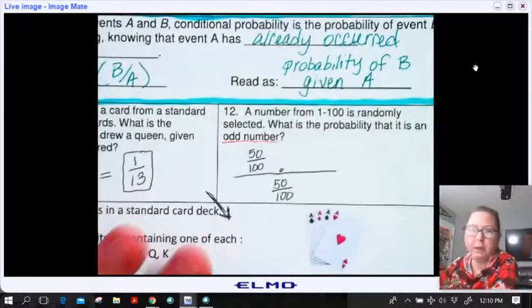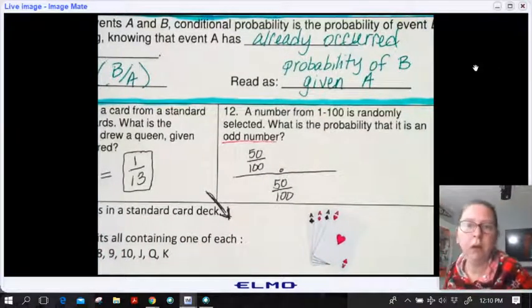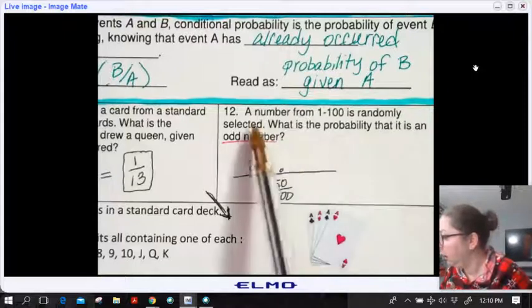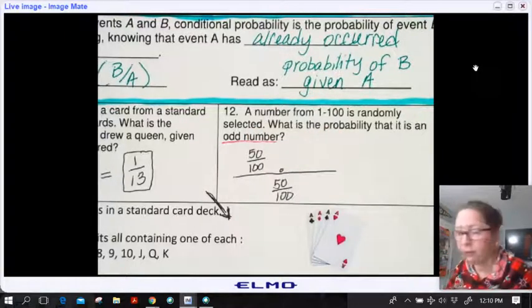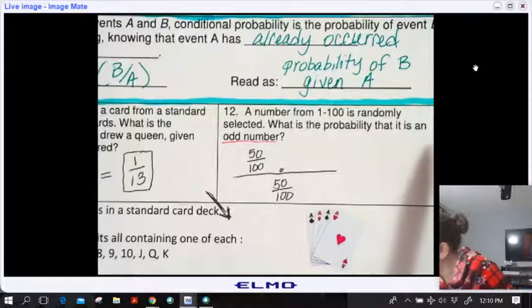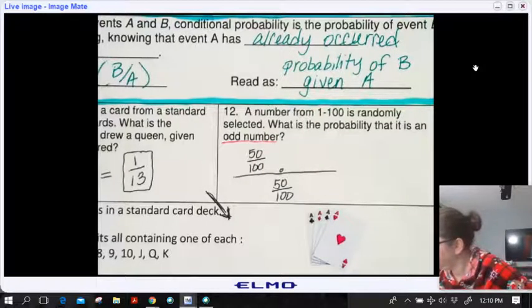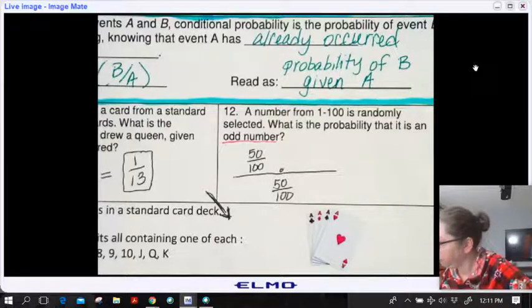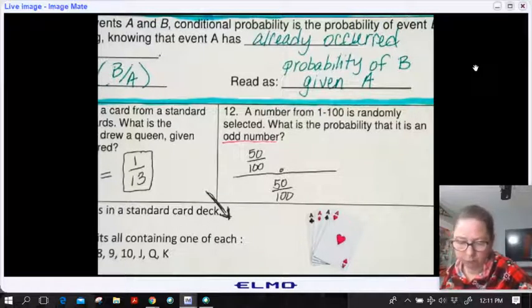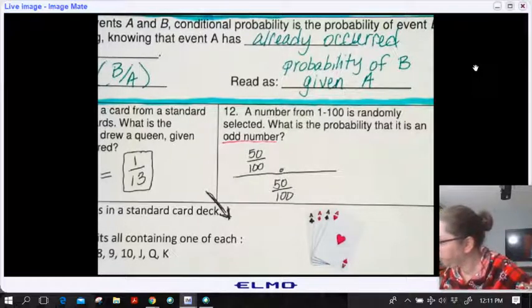Okay, that was the probability that happened first. Now, a number from 1 through 100 is randomly selected. Part of my word problem is missing.